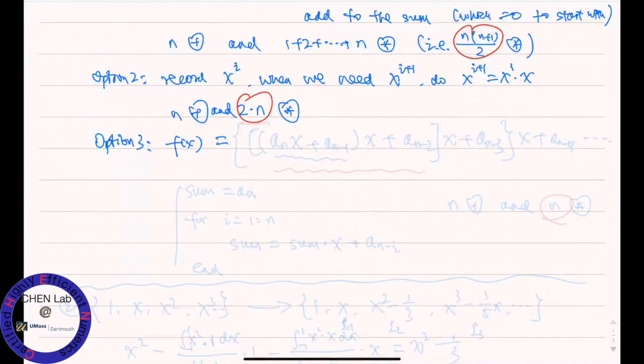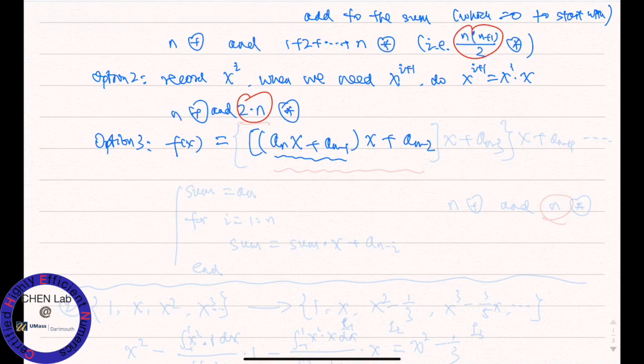Look at this smart trick. I do a_n x plus a_{n-1}. That's my first operation: I take my x, multiply with a_n, and add a_{n-1}. Then I take that as my existing sum, multiply it with x, and add the next coefficient, a_{n-2}.